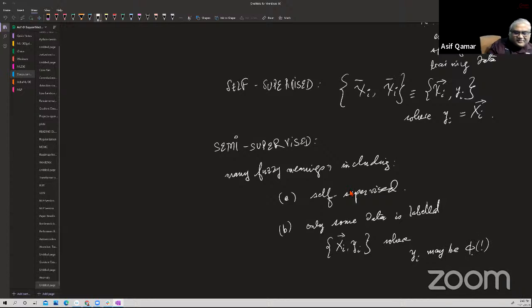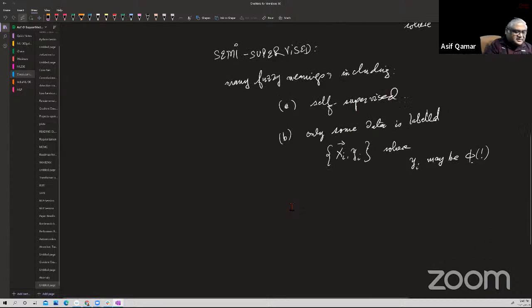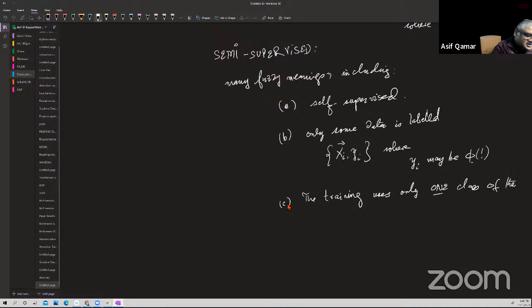You see that some values are labeled and some are not. This is another way of interpreting it. And the third way that people interpret is the training uses only one class of the target y category of values.